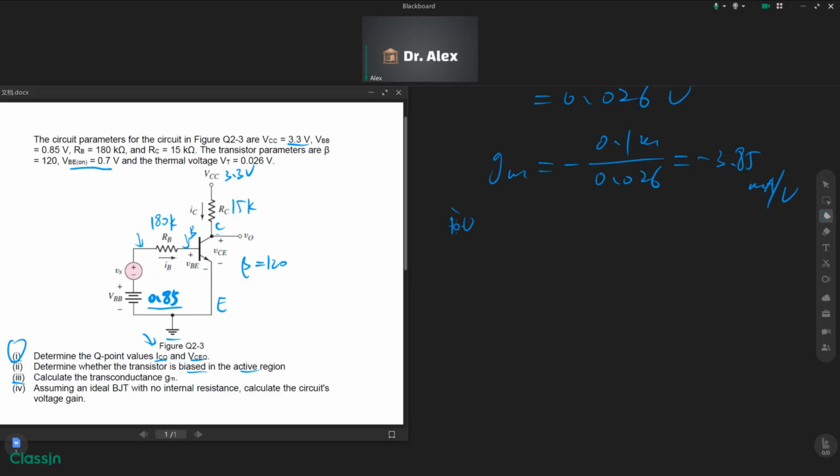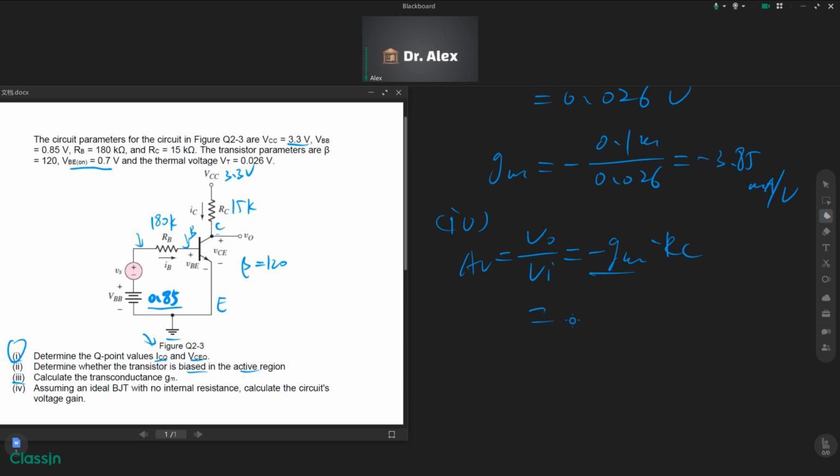For the last question, question 4, it is asking us to calculate the gain. We start from the definition of voltage gain, which is output divided by input, which is minus Gm times RC.